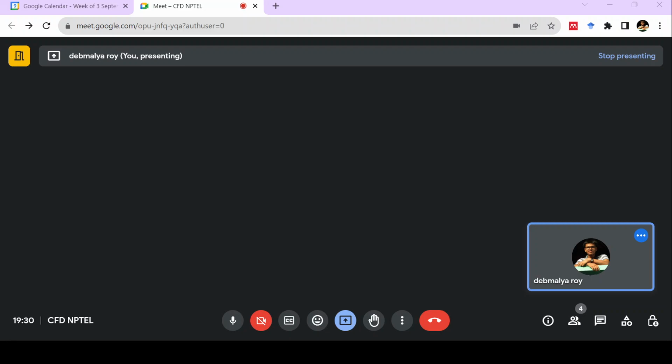What is delta x? The slab is of thickness 10 centimeter, and this is divided into 20 equal domains. So delta x will be 0.1 meters divided by 20.